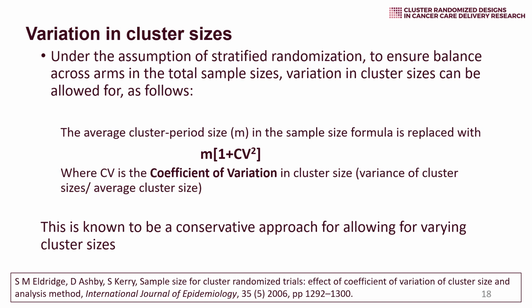Under the assumption that we are going to use what's known as a stratified randomization, where we're stratifying so that any variation in cluster sizes is balanced across the two study arms, then we can replace the average cluster size m by m multiplied by 1 plus CV squared, where CV is the coefficient of variation in the cluster size. The coefficient of variation is defined as the standard deviation of the cluster sizes divided by the average cluster size. And this is known to be a conservative approach to allow for varying cluster sizes.